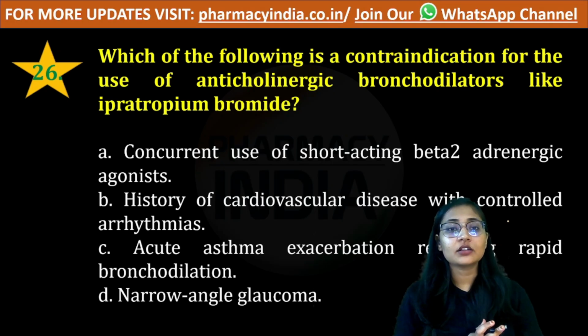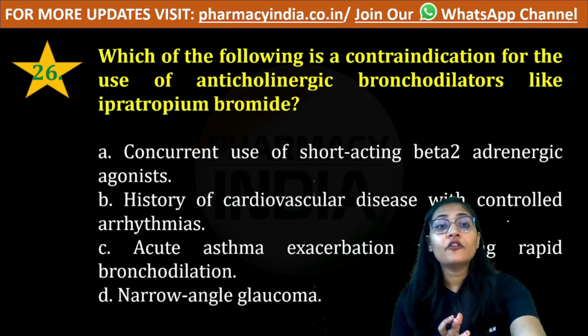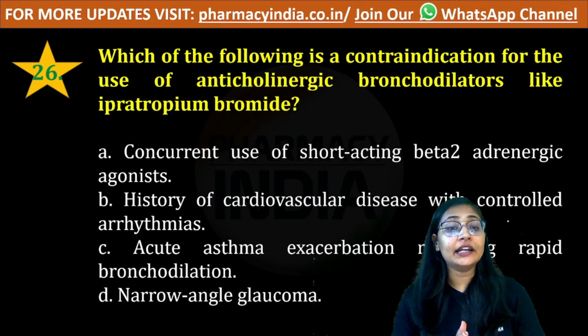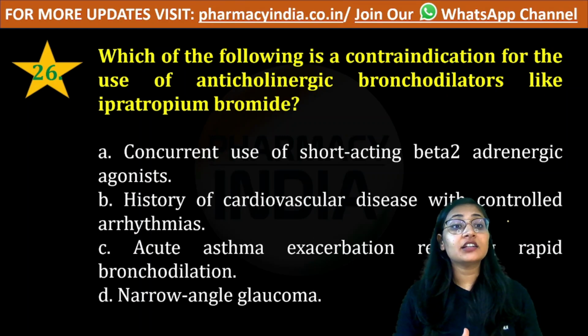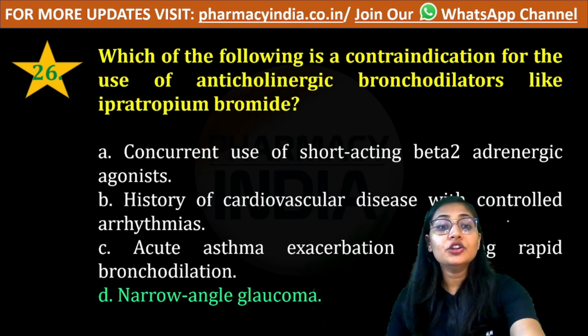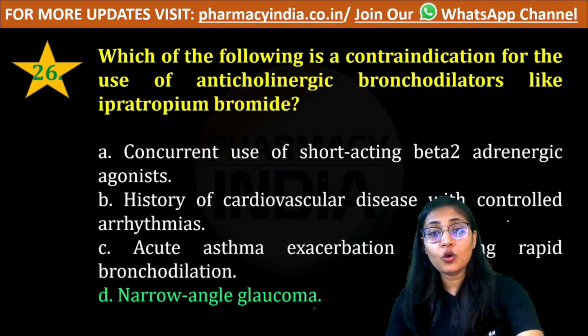Question number 26. Which of the following is a contraindication for the use of anticholinergic bronchodilators like ipratropium bromide? The correct answer for question number 26 is option D, narrow angle glaucoma.